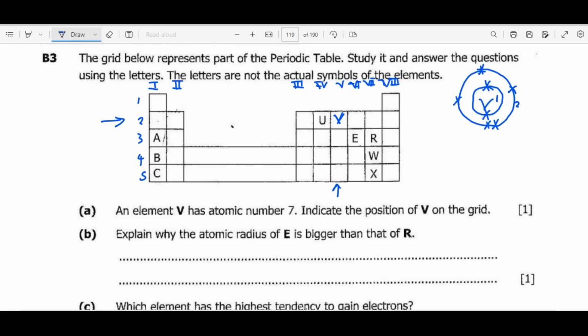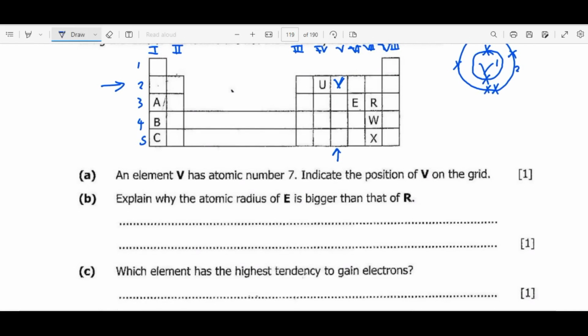Now we move on to question B. Explain why the atomic radius of E is bigger than that of R. Now if you look at these 2 atoms, they are all coming from the same period, but different groups.